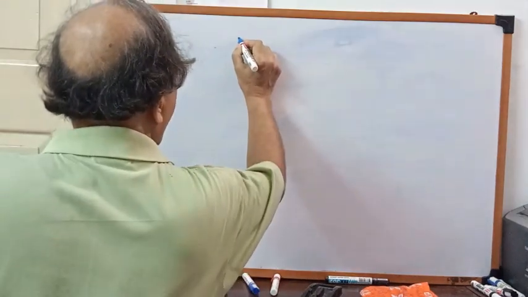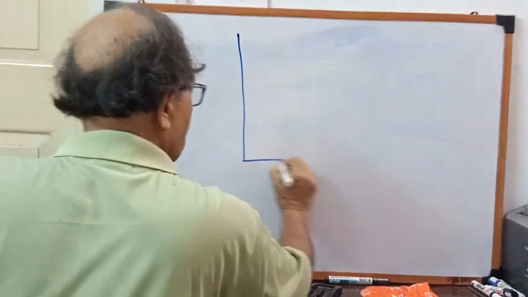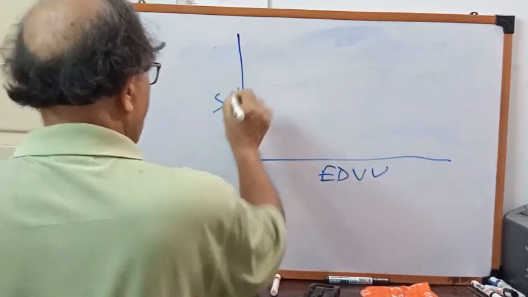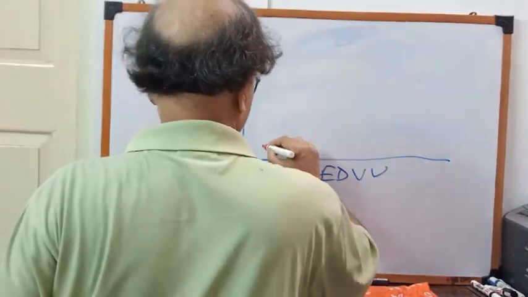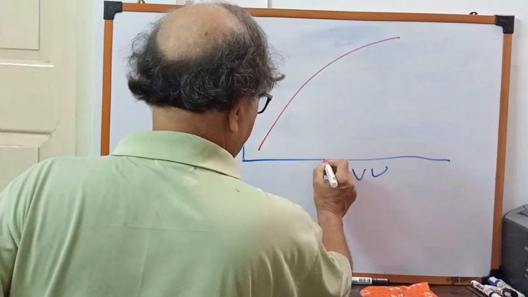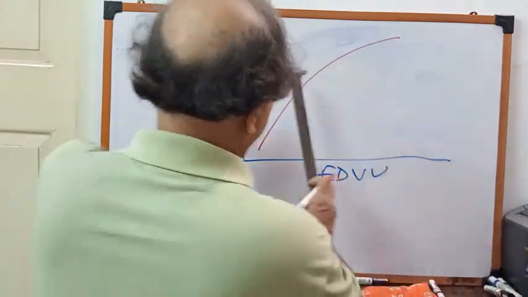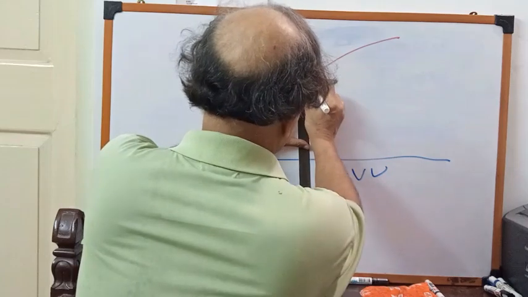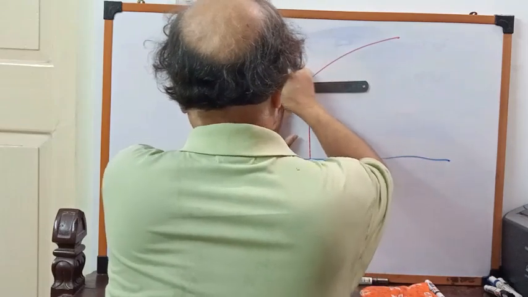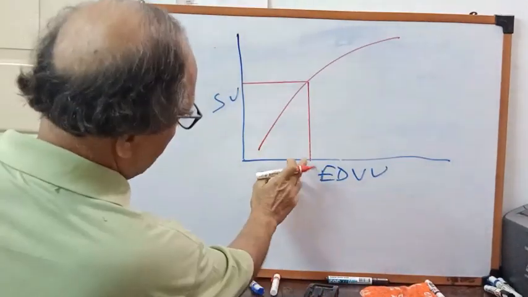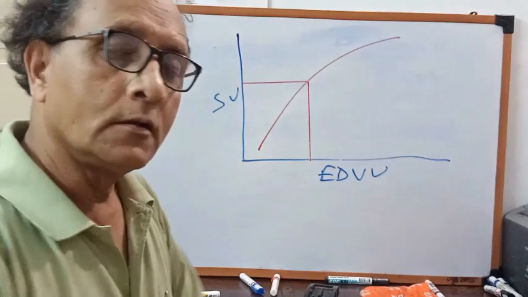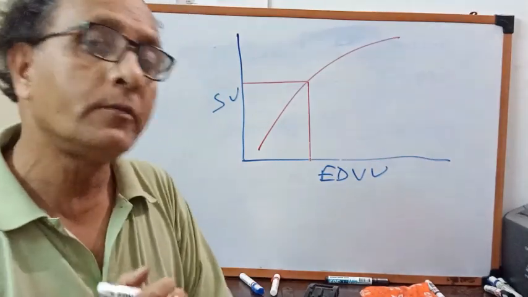We have drawn this curve earlier, the ventricular performance curve, EDVV and SV, and the curve looks like this. With a particular EDVV, there is a particular SV, and accordingly, ejection fraction may be calculated.